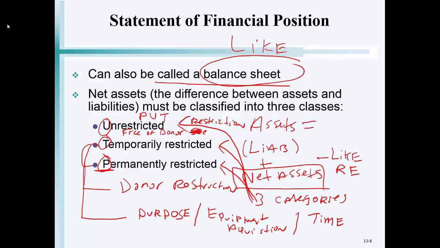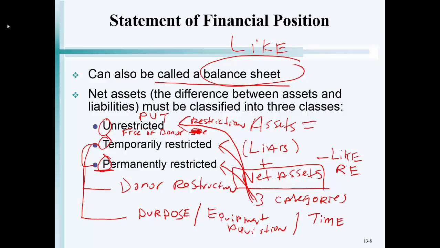So if a donor gave a contribution to the not-for-profit, unrestricted, and at a later date the board of directors, I always want to say specify, but there's another word for it, but I can never think of that word.